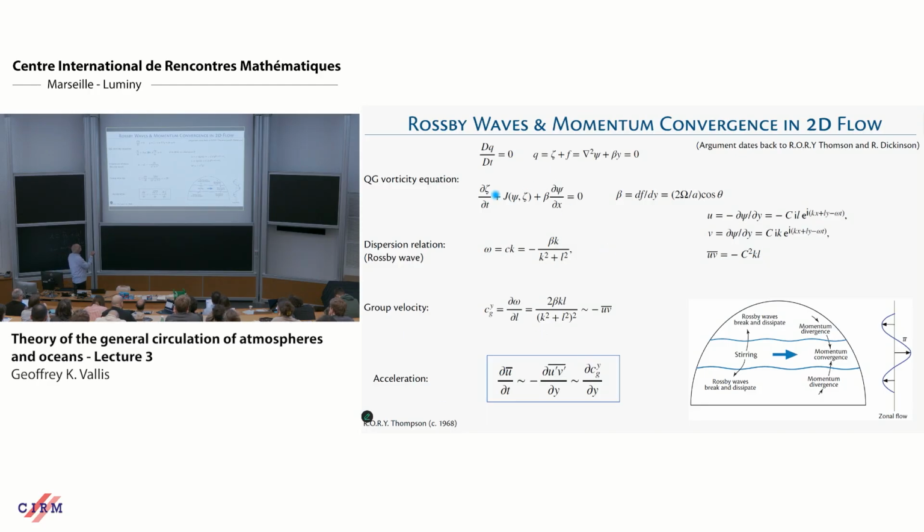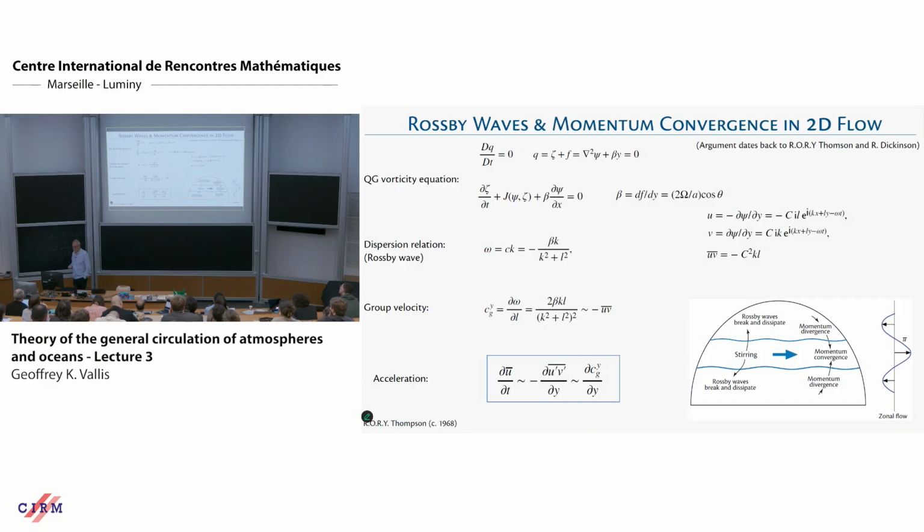And then, once we've linearized, we look for solutions which have this form, e to the i(kx plus ly minus omega t). We do the standard, we linearize in a standard way, we find the dispersion relationship.